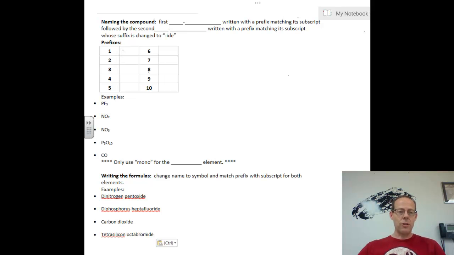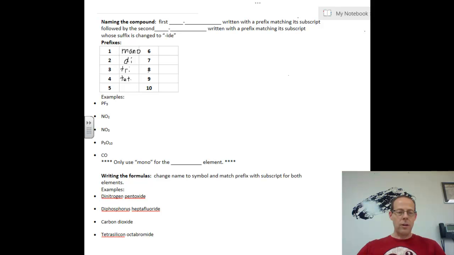So there's some prefixes you need to learn. Number one, we use the prefix mono. Number two, we use the prefix di. Three is tri. And four is not quad, but it is tetra.